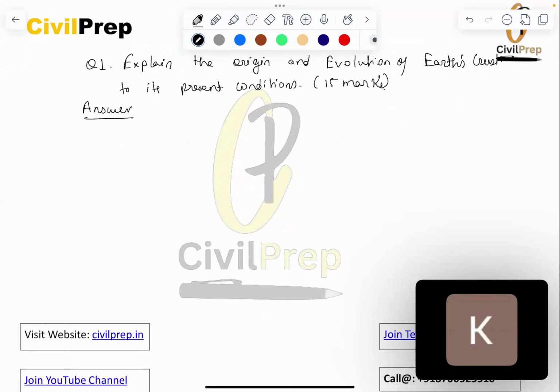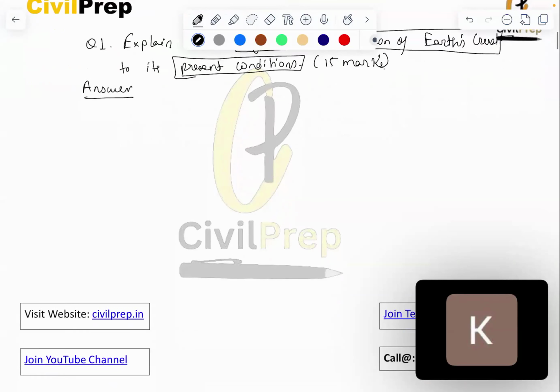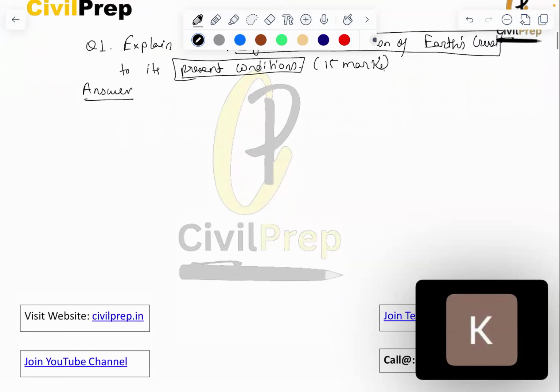Now, what we are saying here is that the question is on the origin and evolution of Earth's crust, which is the main key term here, and how it came to its present condition. Here we can include in the introduction part the various researches which have been done in recent times.